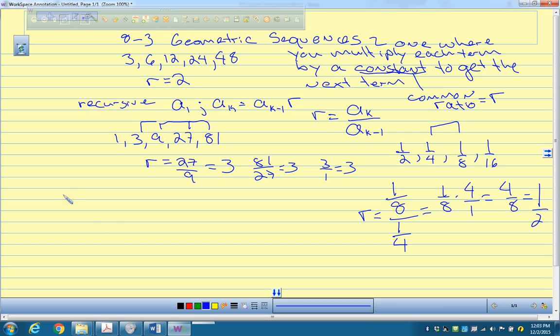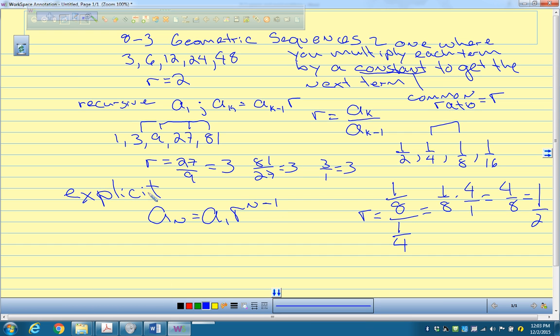Explicit formula. The explicit formula looks like a sub n. This is easier. A sub n is equal to a sub 1 times R raised to the n minus 1 power.